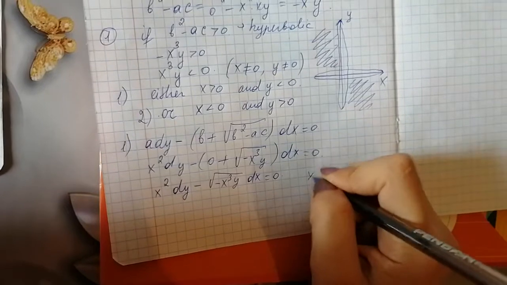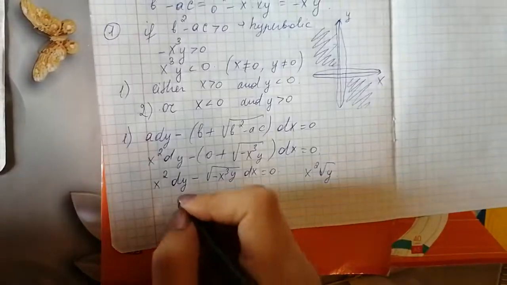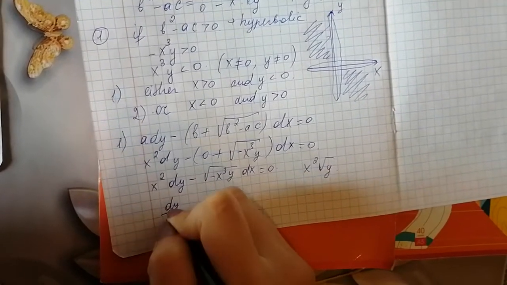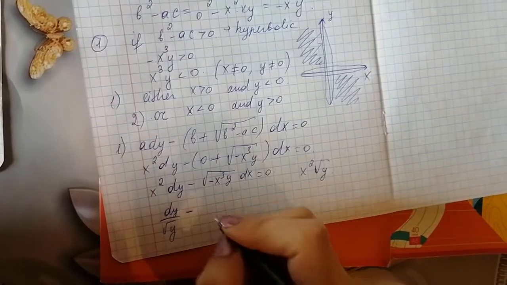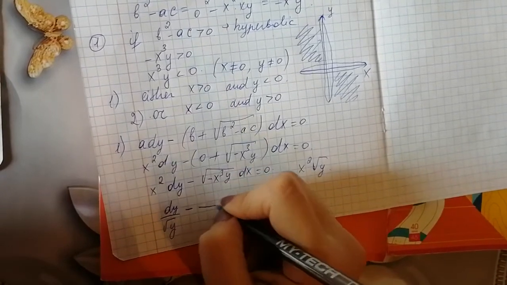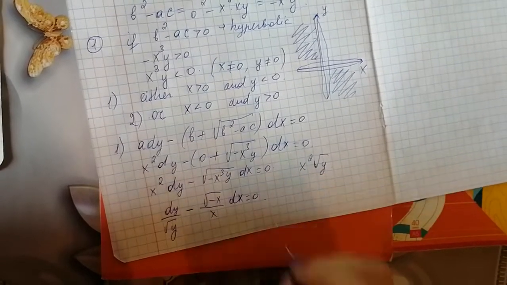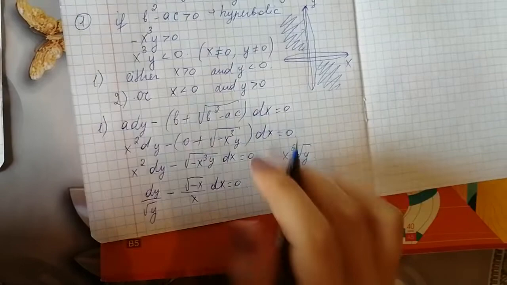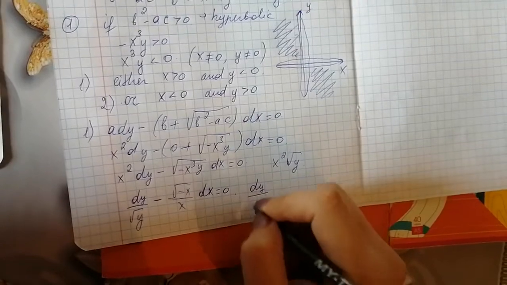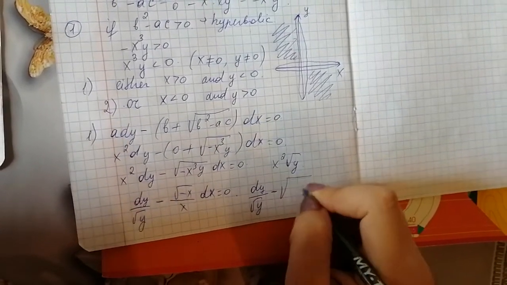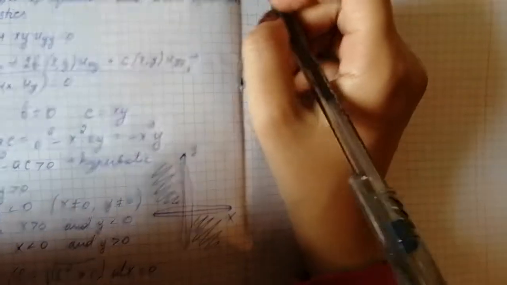Let's divide by x squared square root of y, then our equation will be dy over square root of y minus square root of negative x over x squared dx is equal to 0.